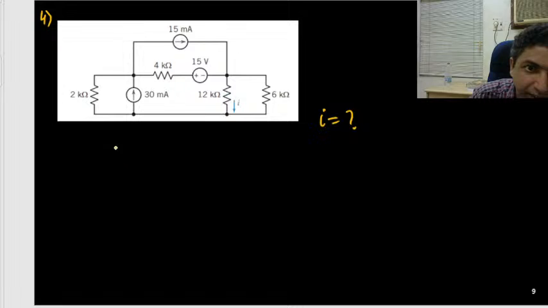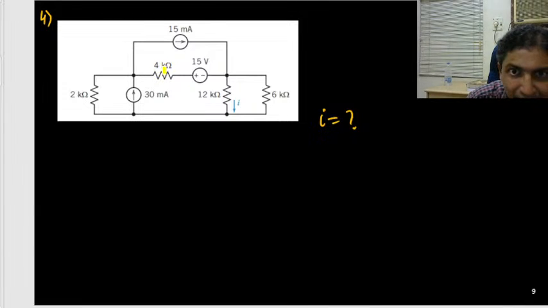So if you want to use source conversion, then this 4 kilo ohm and 15 volt, you need to modify first to a current source and resistance, and this current source we need to add up. So be careful about the sign. The current source will be directed to this side.